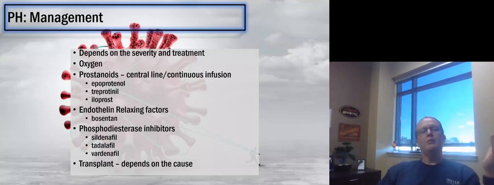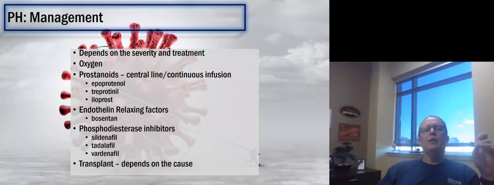We're going to go cautiously with oxygen here because some of the patients that have pulmonary hypertension as a result of chronic lung disease may have things like emphysema and other conditions where we may not necessarily want to drive high SpO2s. So the oxygen, yes, but we want to be cautious and judicious with how we use oxygen for these patients, depending on the cause, the ultimate origin of their pulmonary hypertension.